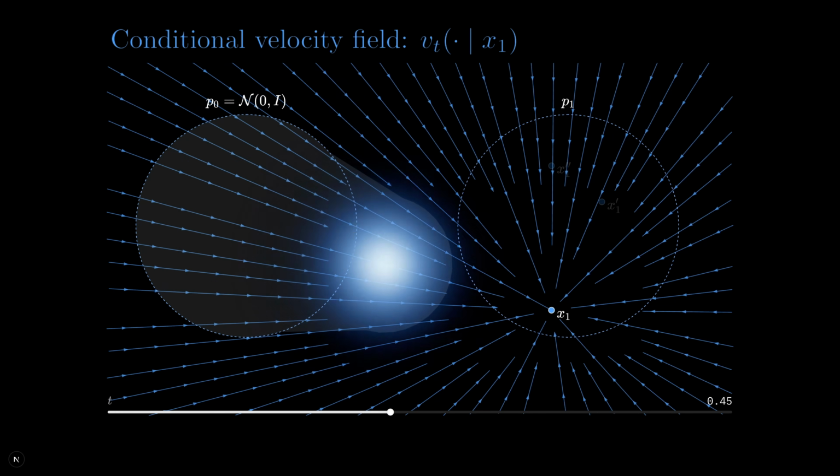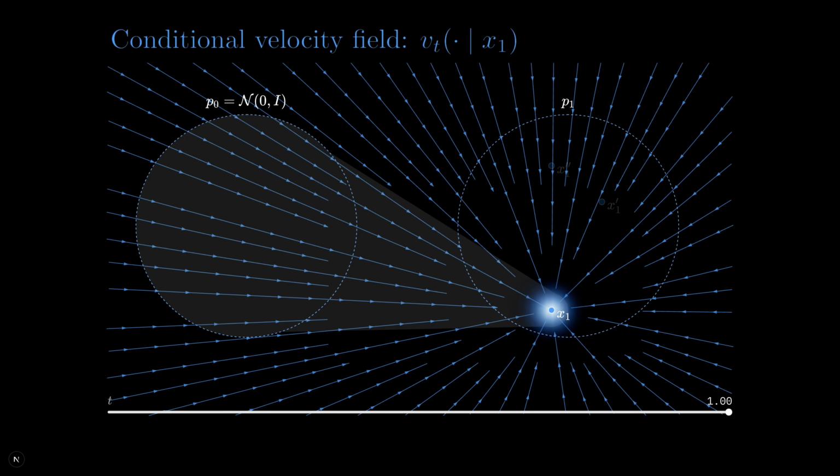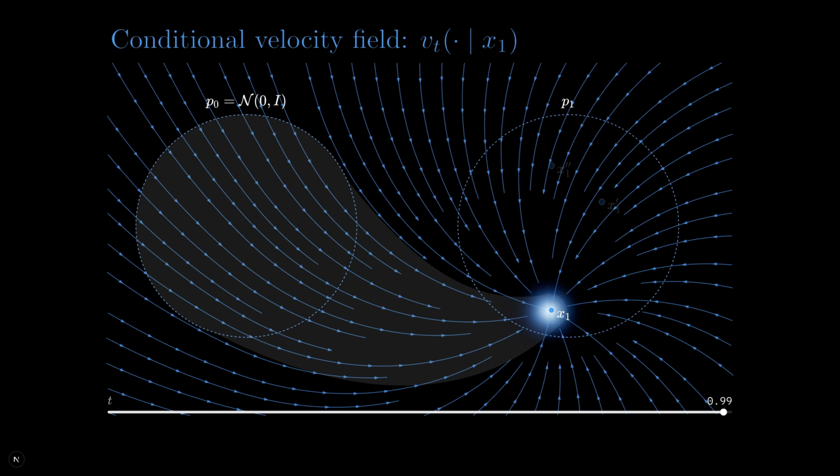The first thing to notice is that this field is not unique. The paths could go straight, bend downwards, or even go through a loop. So we need a principled way to choose one of these. There's a branch of mathematical optimization called optimal transport that seeks to answer the following question.